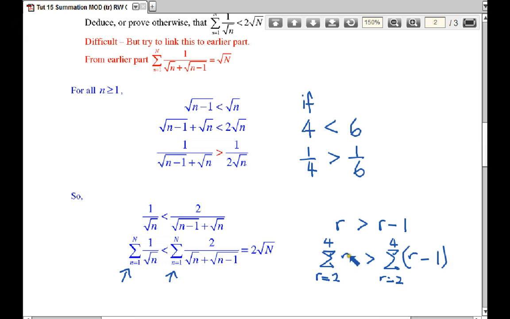Since individual terms are already greater than, when you sum them, it will all be greater than. So we can safely say so. Sarah, okay. Okay. All okay. Belinda, Jeanette, all okay.